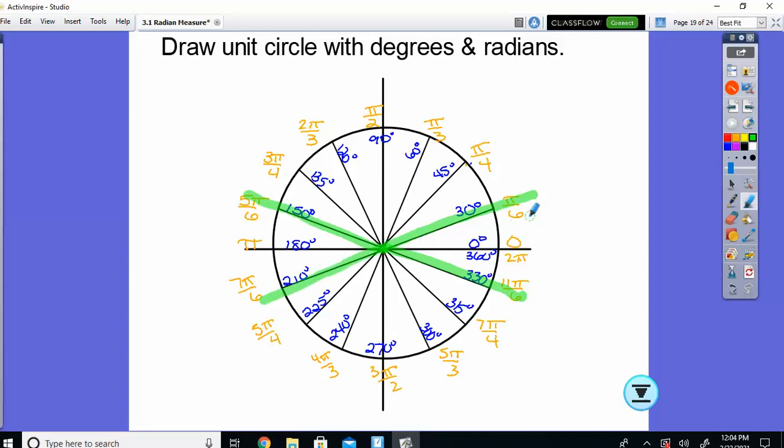And what do you notice about the denominator on all of those? If your reference angle is 30, it's always going to be over 6. When our reference angle is 45, the denominator is always 4. When our reference angle is 60, the denominator is 3.